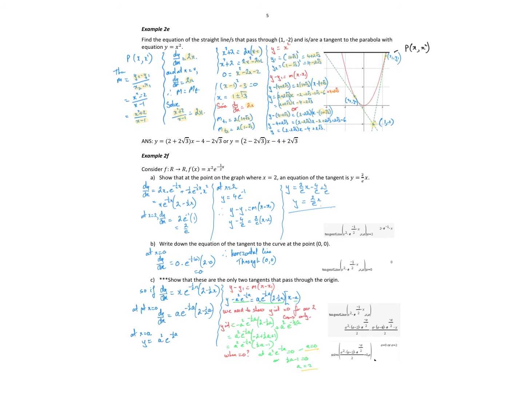Negative 2 root 3 times negative 1 is positive 2 root 3. Negative 2 root 3 times positive root 3 is negative 2 root 3 times root 3, negative 2 root 9, which gives me a minus 6. Group my terms together. There's my mx term, which doesn't change. And I get a minus 4 plus 2 root 3.